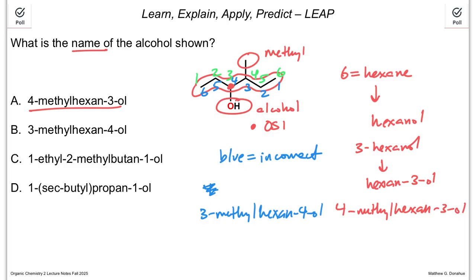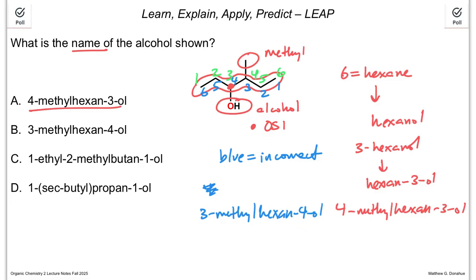So that would be 3-methyl-hexane 4-ol. The reason that path is incorrect, the parent functional group has to get the lowest number possible. That's the way the rules are written.